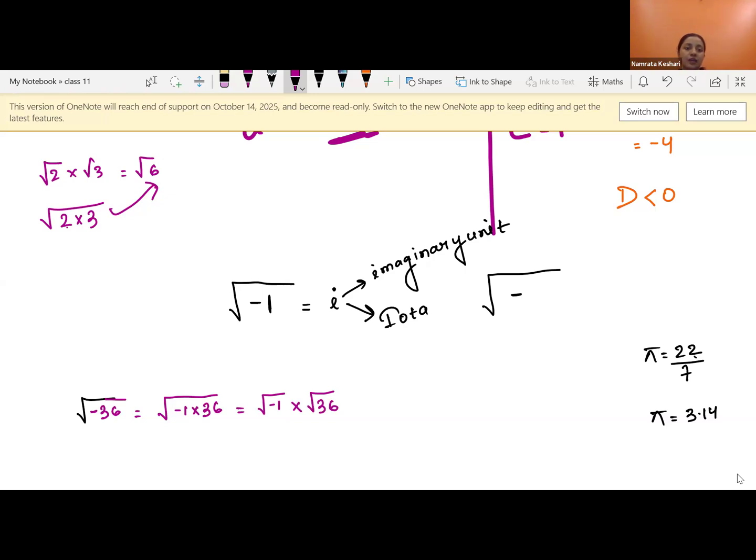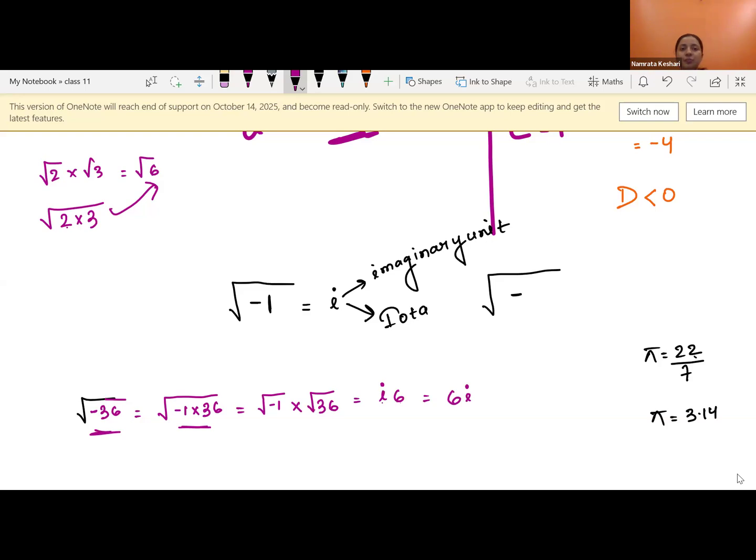We are splitting it into two terms. Because negative 36 was there, I can write minus 1; it is not making any difference. Now root minus 1 is I and root 36 is 6, so you can write it as I into 6, or 6I. Making sense?